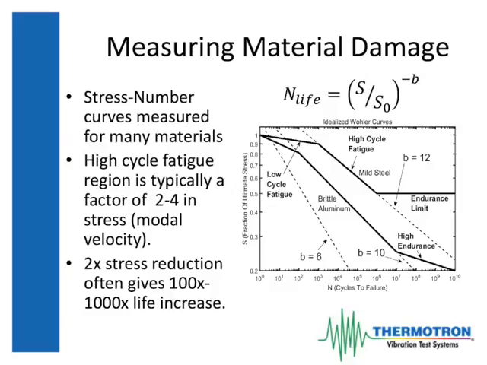As you come down in stress level, you reach a region, and go ahead and look at the plot on the right-hand side of the screen, that low cycle fatigue region. So at fairly high stresses, but not the ultimate stress of the material, products are damaged by macroscopic plastic deformation. And so when you see a test that is a series of high-level shock pulses, that's what you're testing against.